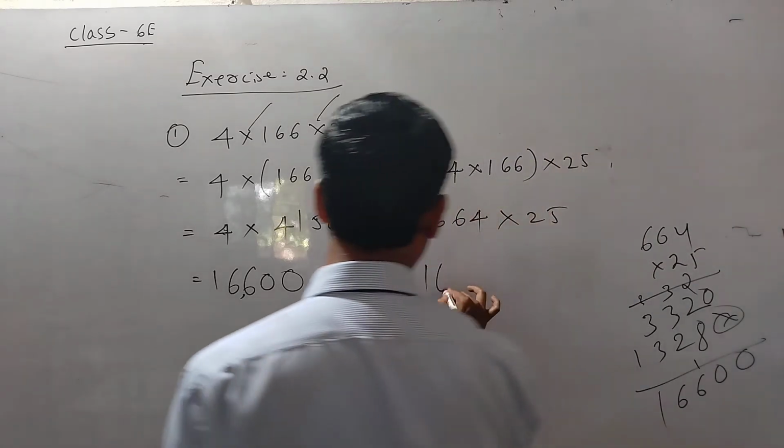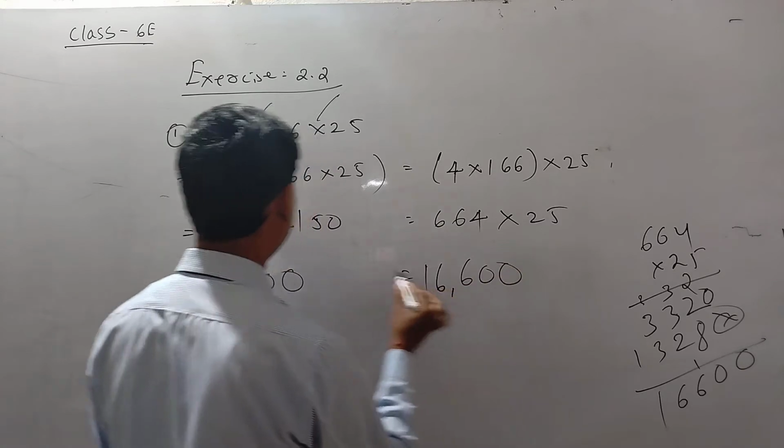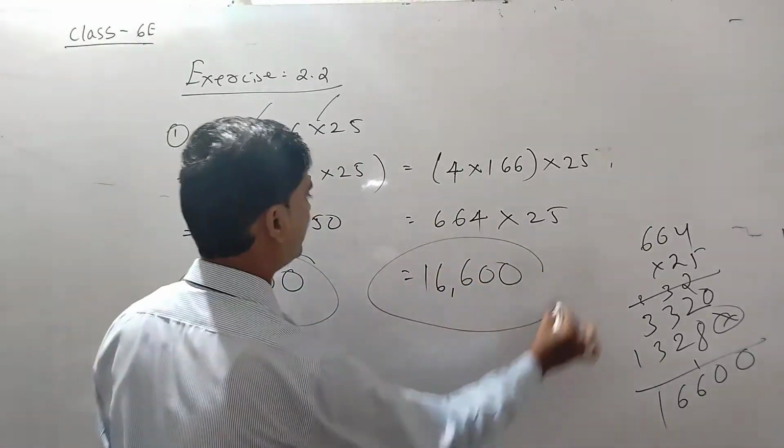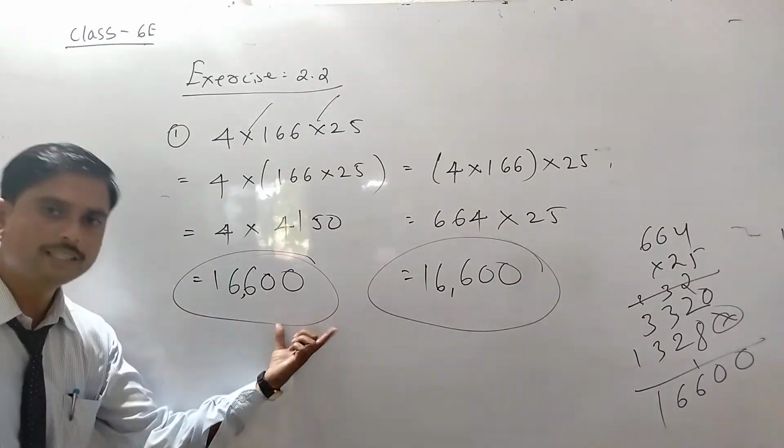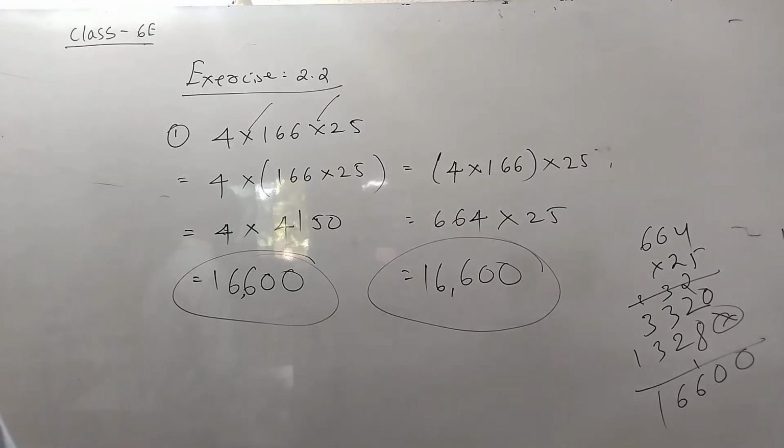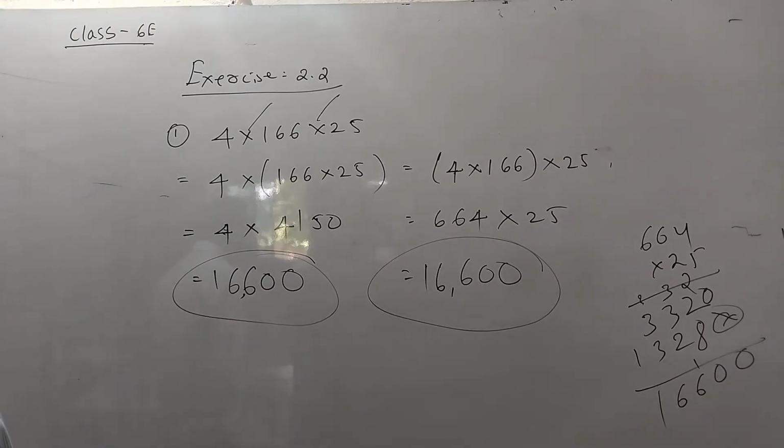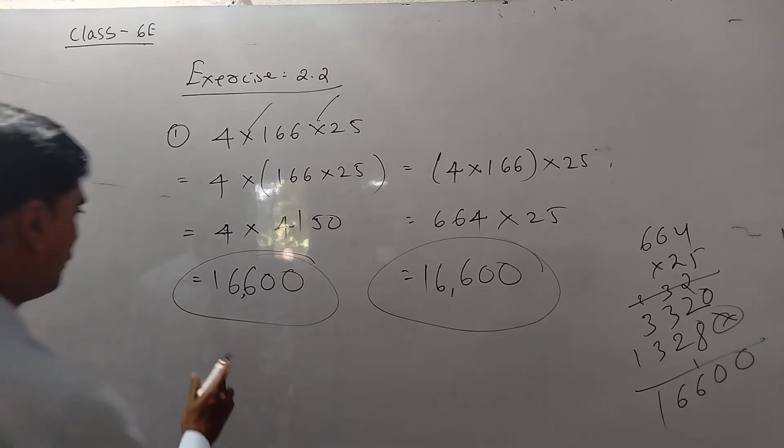Then the answer is 16,600. Now, this is which property? This is called the associative property of multiplication.